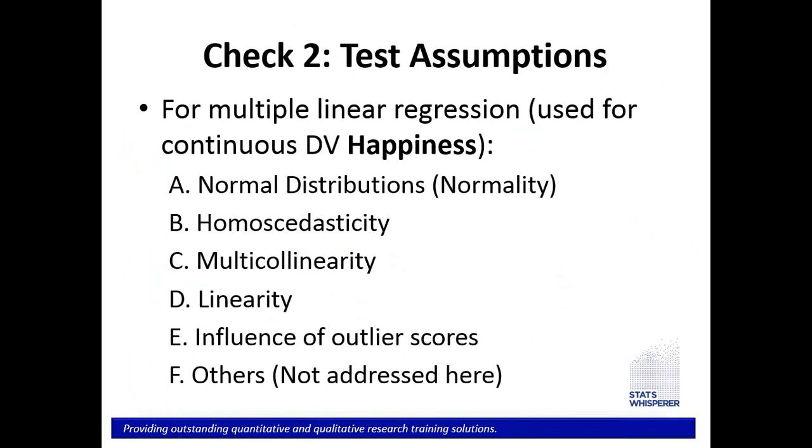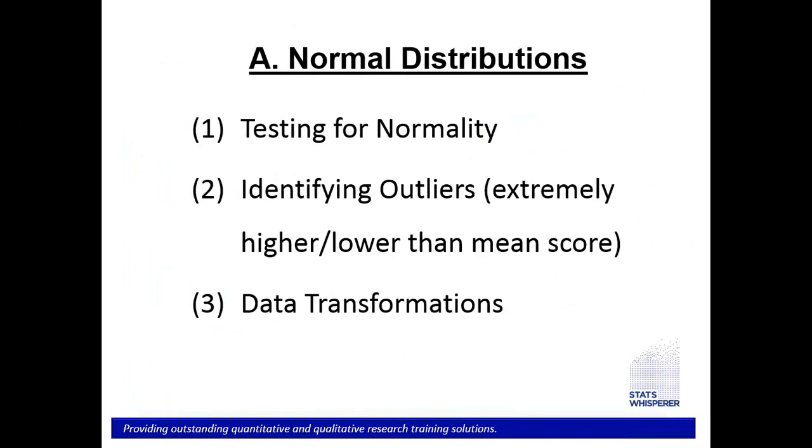Okay, so sample study 1, the first thing to look at is a normal distribution, A, test of normality. When we're looking at normal distributions, we have to consider a few things. We have to test the distribution of scores to see if it's normal. A distribution of scores is, if we have 100 people and they all score their happiness on a scale of 1 to 5, and we have scores of 1.0, 1.2, 3.5, 5.0, that's a distribution of scores.